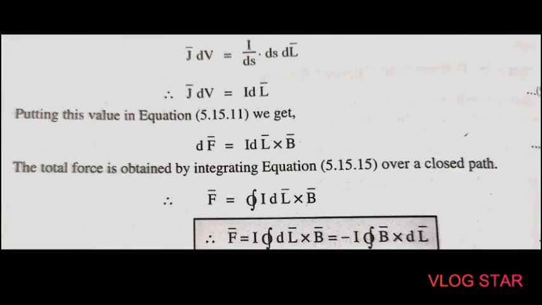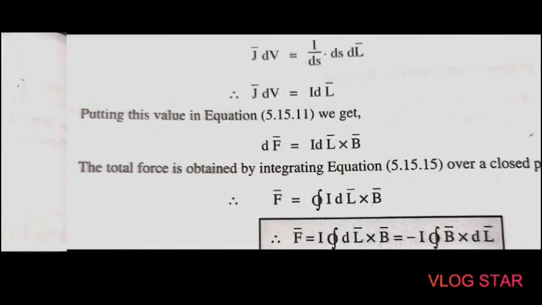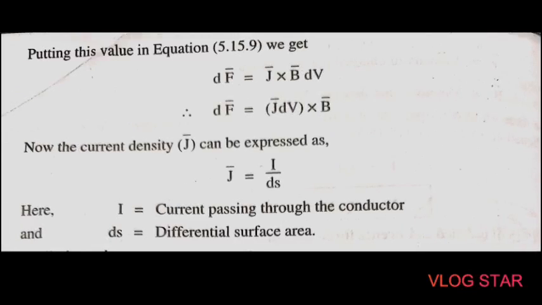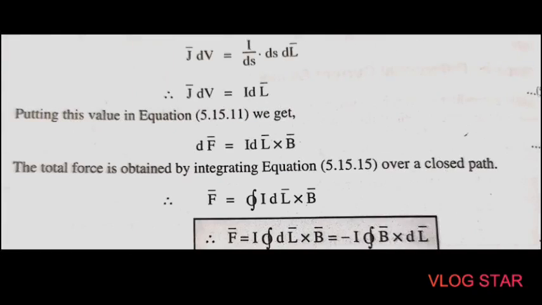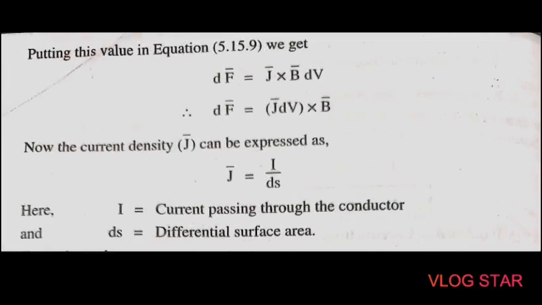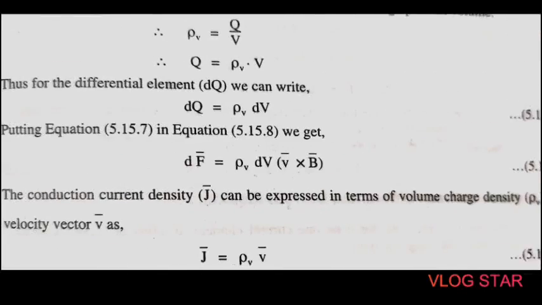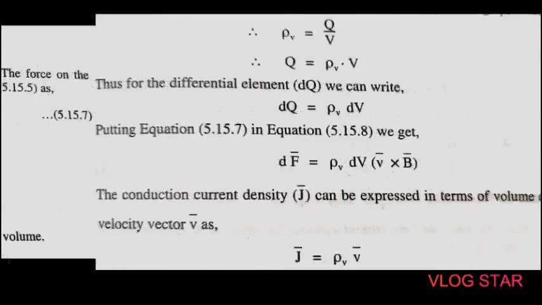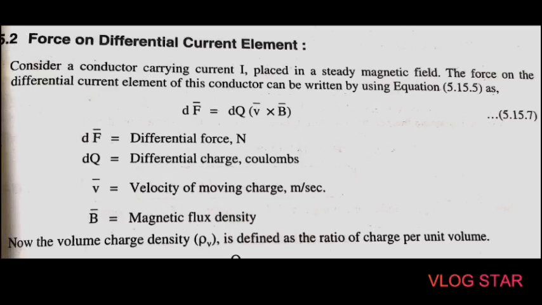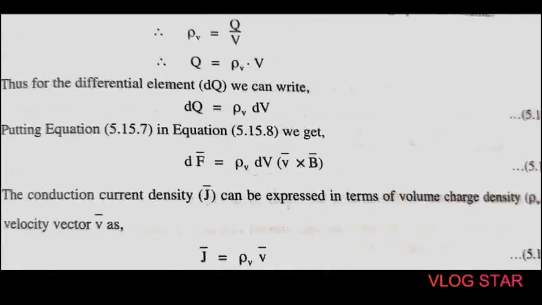So this is dF bar upon B bar. Then again the value of this dF bar is given, which can be calculated using this formula dq into V bar cross B bar.